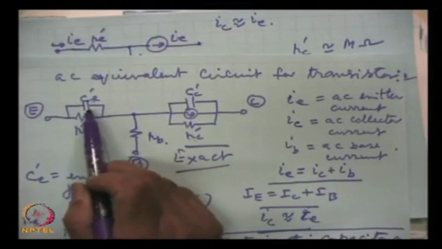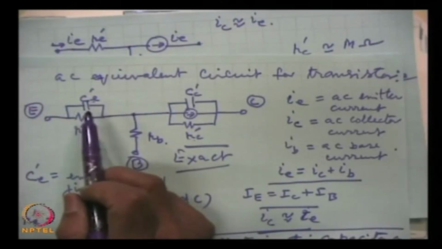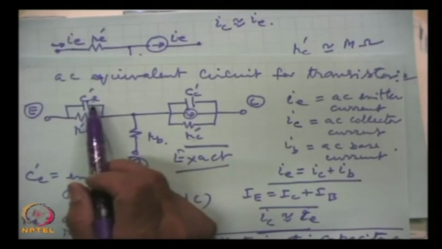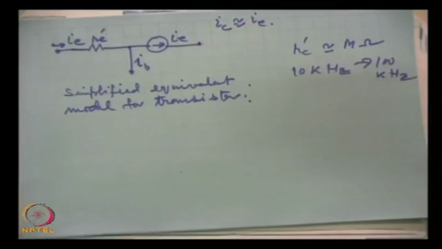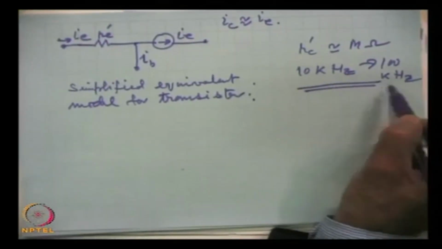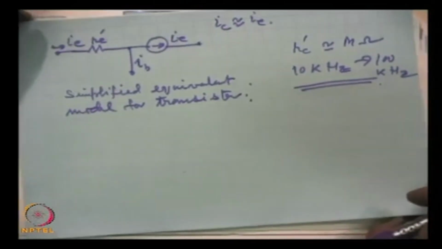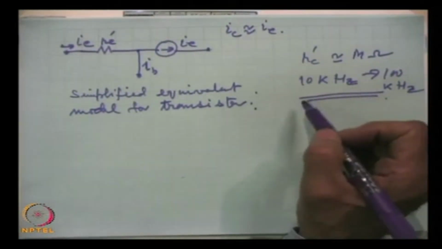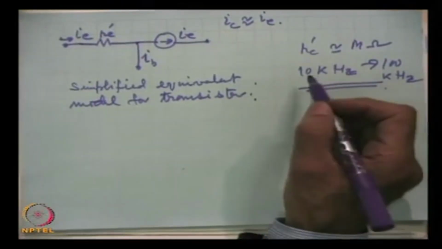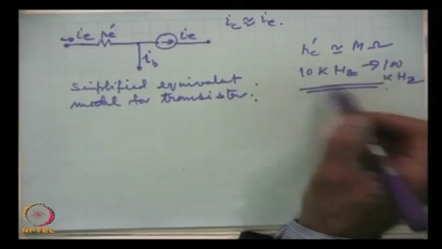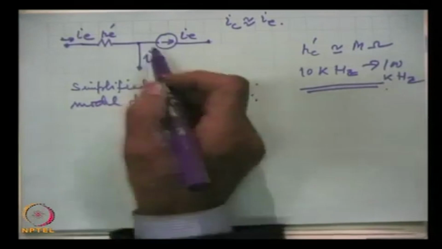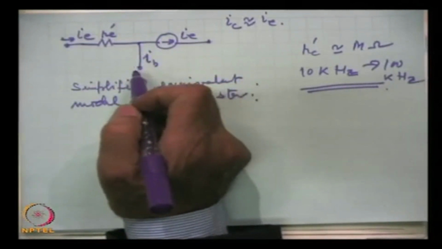The impedances offered by these capacitances are very high, and because they are in parallel, they can be neglected. As long as our operation is limited to this range, which again is not very rigid because it varies from transistor to transistor, there are transistors which will go still higher in frequency, but normally we will be using them in this range, and for that this simplified model is good enough.